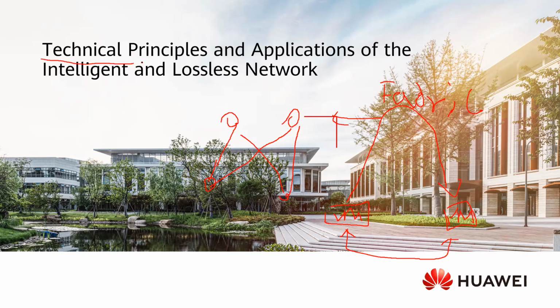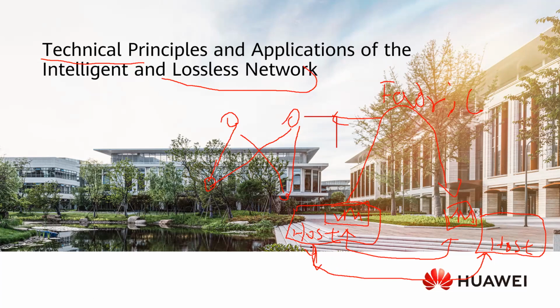And this lossless network is just in this part, because we all know a VM is located in a host machine, and this VM is also located in one host machine. And how do host machines communicate with each other? For example, they communicate from the back end, in this way.